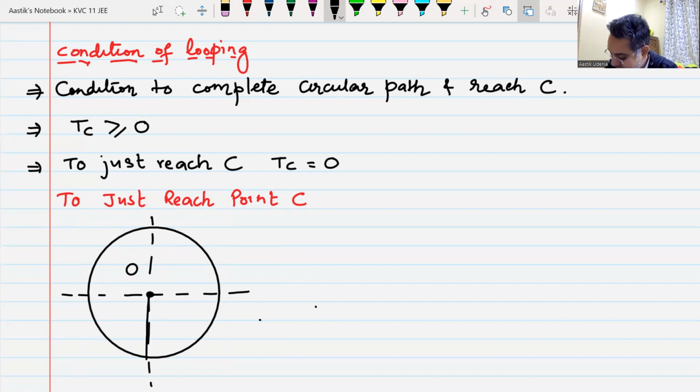The length of the string is L, and the bob has a mass M. Now this was your point A, this was your point B, and this was your point C. I have to just reach point C.